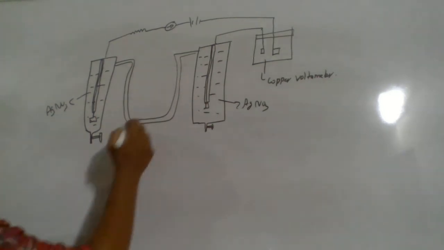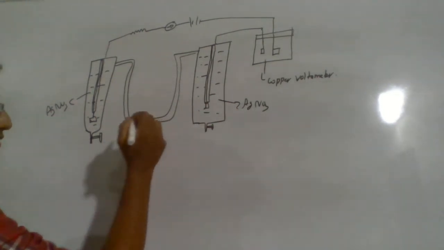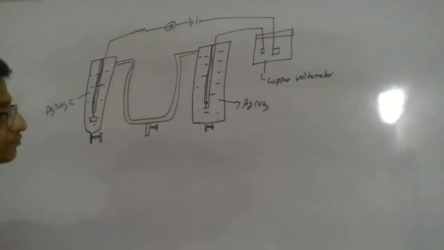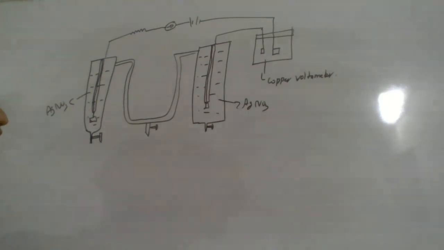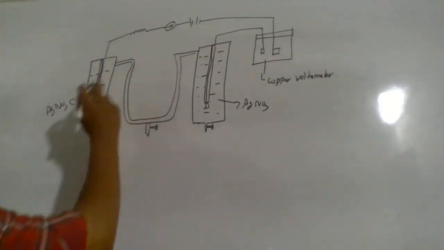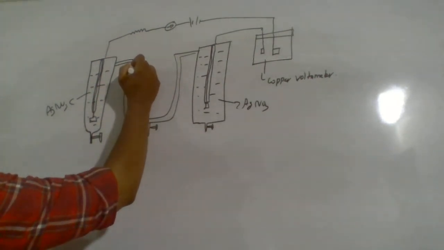A tube will be there, which also has a stopcock connected, and the silver nitrate solution will be there, and the stopcock will control the motion. Here also a stopcock is there.